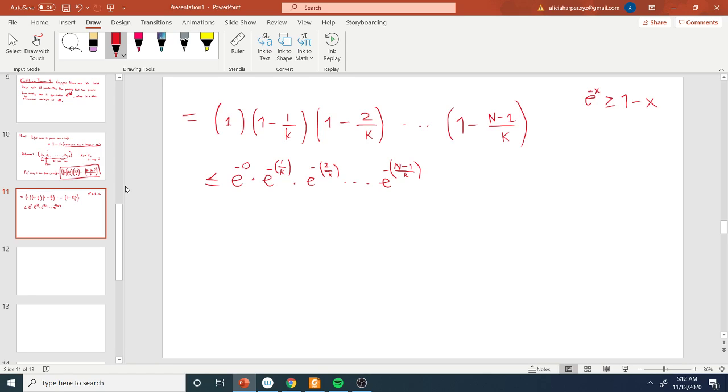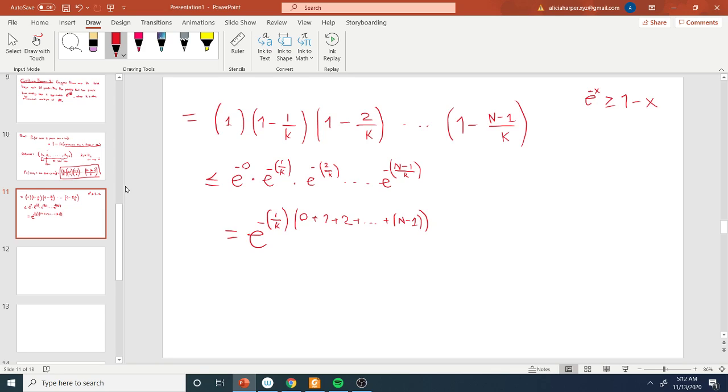Now, the cool thing is that exponentials, when you multiply them, their exponents are additive. So this ends up being the same thing as e to the negative 1 over k multiplied through 0 plus 1 plus 2 plus and so on, all the way up to n minus 1.